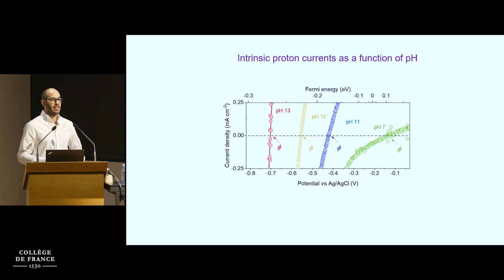It's very well known that the water dissociation reaction equilibrium potential shifts to the left when you increase pH. So that's known. What was surprising was that the slope of these IVs increases dramatically, exponentially, actually. So what this is telling you is that the proton currents increase exponentially as you move to the left.